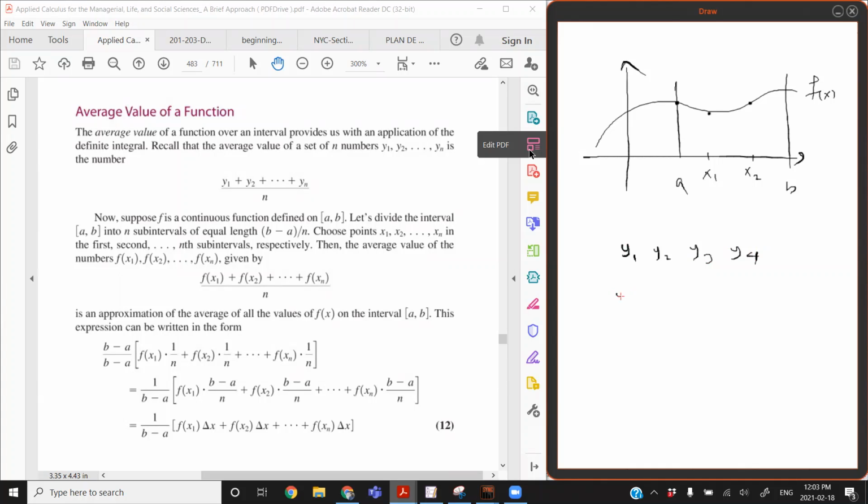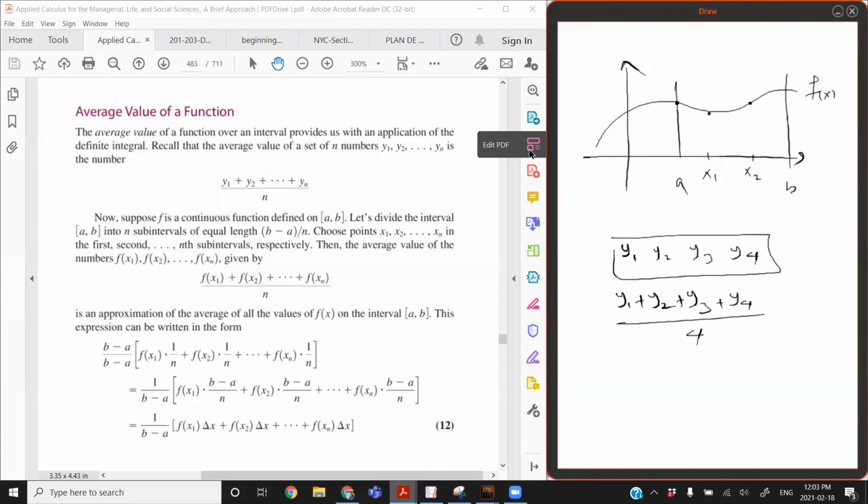Then you would just add them all up, and you divide that by the number of the data that you have. So in this case, I have 1, 2, 3, 4 pieces of data. I want to add them up and divide by 4. That would give me the average for these numbers.